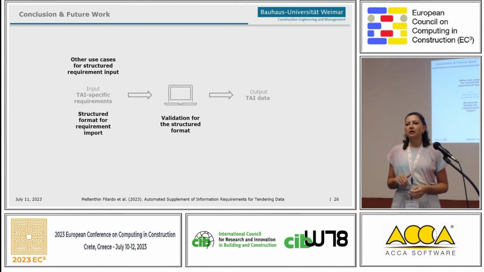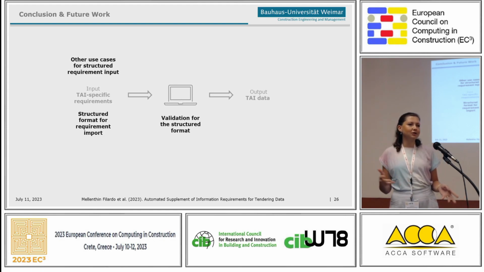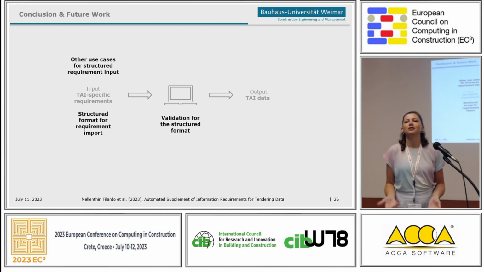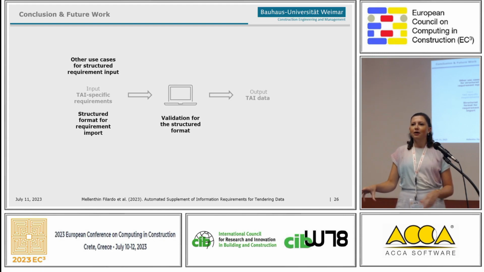I talked before about IDS and level of information needs, so there's room for using those. We would address that with a tool that can not just validate IDS, but really use them during modeling, because what we are doing right now is that we are giving architects, engineers, and whoever additional management work because we define requirements, then we don't use them for a really long time, and then we check them.